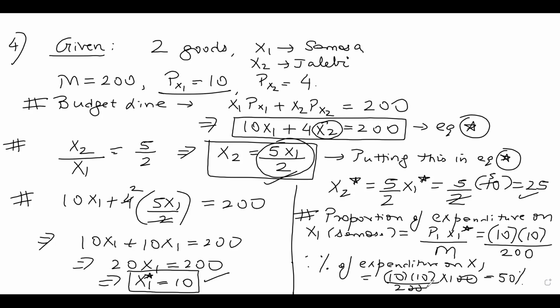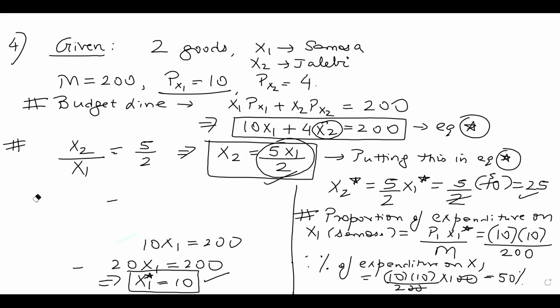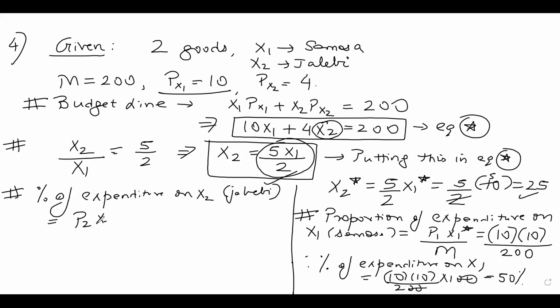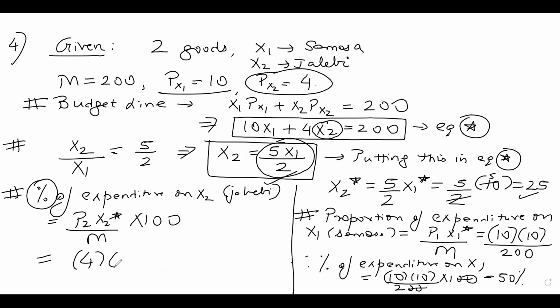On similar lines, we can find out the percentage of expenditure on x2, which is jalebi. So I can write that therefore percentage of the expenditure on X2, which denotes jalebi, is P2 X2 star by M, and since it's a percentage, I multiply by 100. So P2 is how much? 4. X2 star has come out as 25.